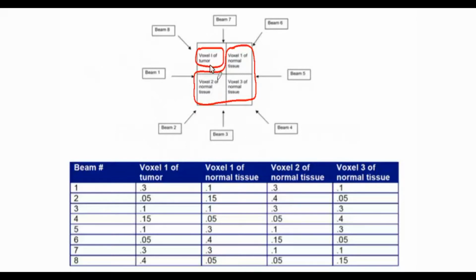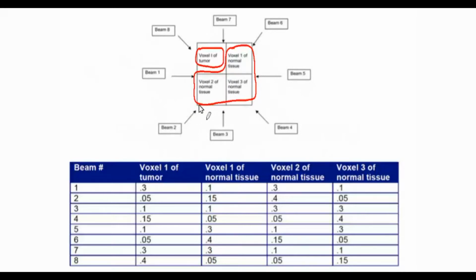And then there'll be some more radiation that will pass through to voxel 1 of normal tissue. Voxel 1 normal tissue accepts 0.1 of the beam weight. Voxel 3 below takes 0.1 of the beam weight. And then there's some radiation that's going to pass all the way through. It won't be absorbed by any of the voxels.